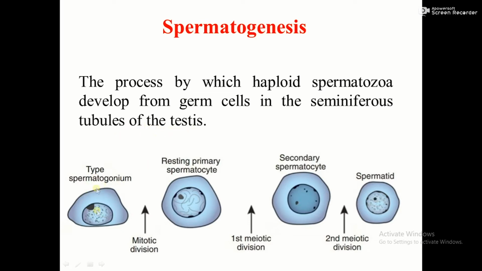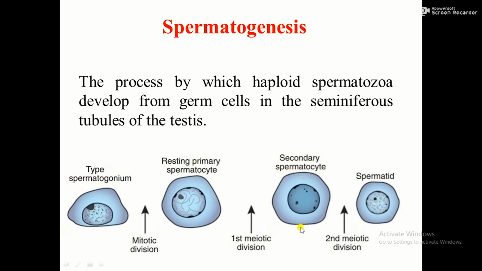Okay, so look here. First of all, we have a spermatogonium, or let's say germ cells, or immature sperm cells. This type of spermatogonium will undergo a mitotic division and form resting primary spermatocytes. This resting primary spermatocyte will undergo the first meiotic division and give us a secondary spermatocyte.